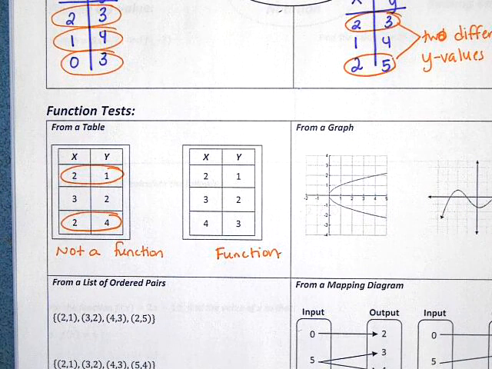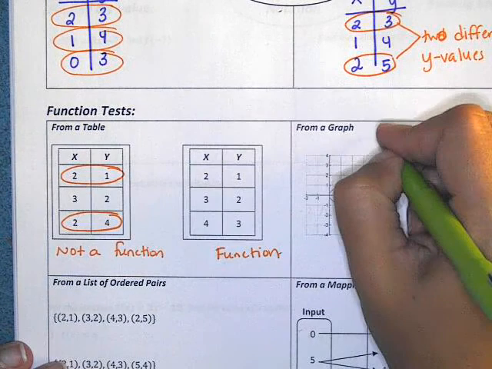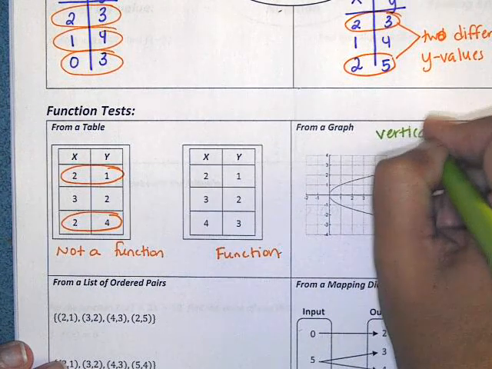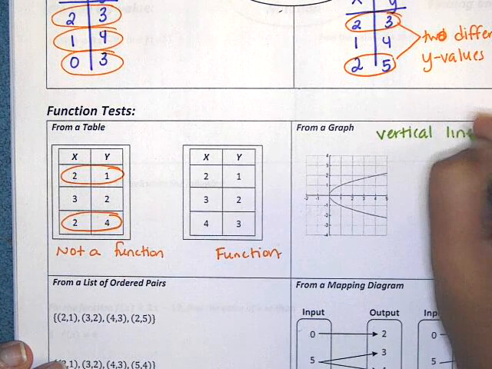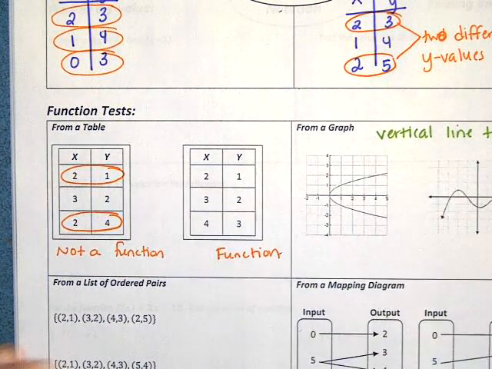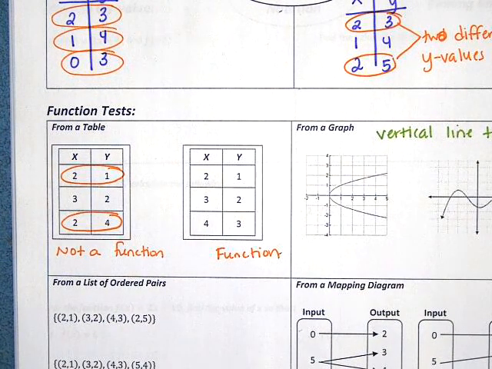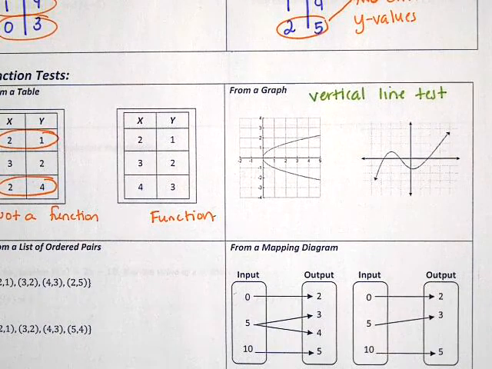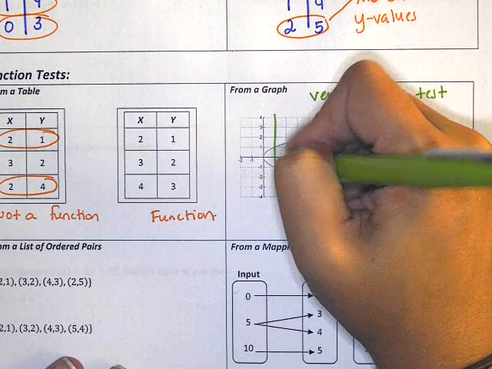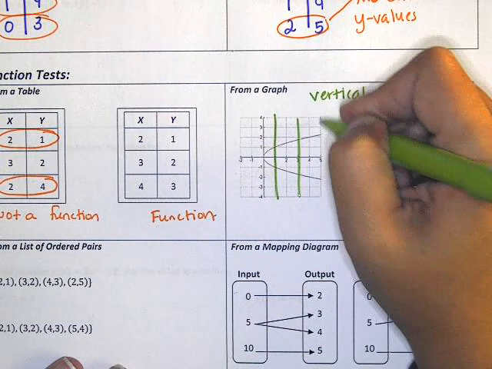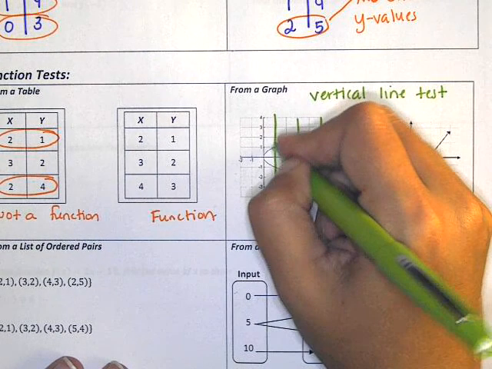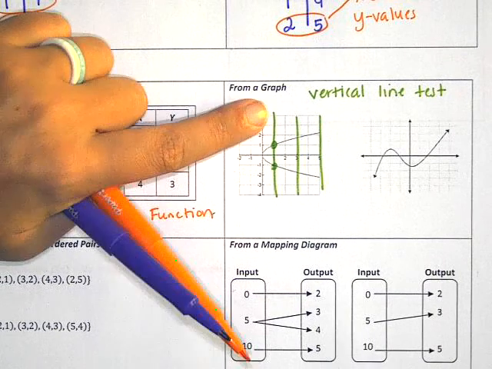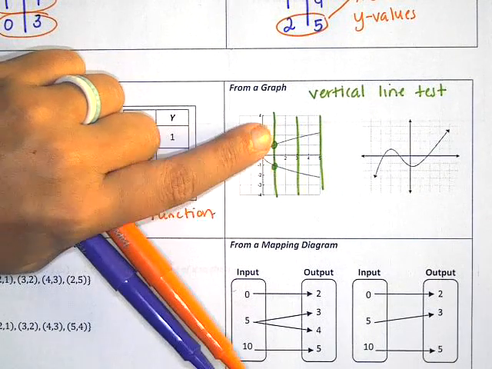On a graph, we use something called the vertical line test. Because we don't have a list like this, it's a little bit harder to check whether they're going to two different parties or something like that. We would with numbers. So what we do here is we draw vertical lines. If you draw a vertical line anywhere on the graph and that line goes through two dots, see how this line goes through two places of the graph?